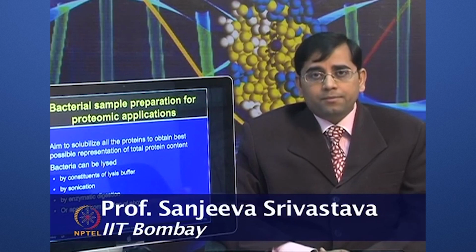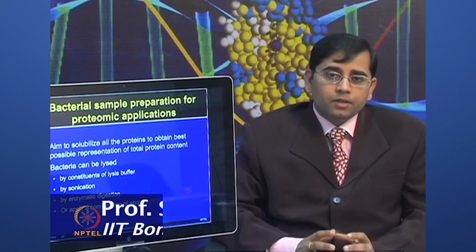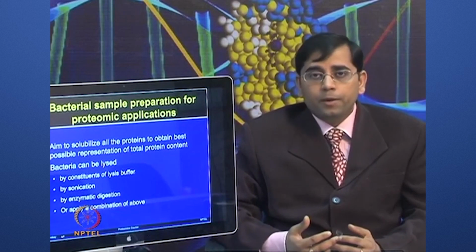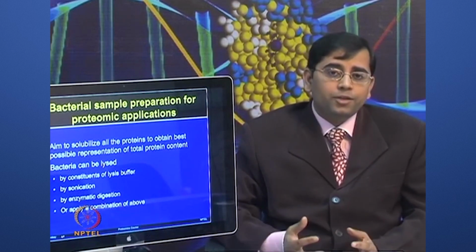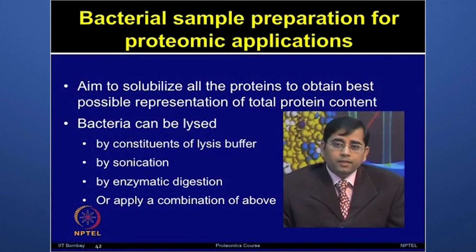Similar to other samples, the aim is to solubilize all the proteins, because if you are aiming for a proteome level analysis, you would like to obtain all the proteins, so that you can represent all the possible proteins on a gel map or by using an LC-MS approach.